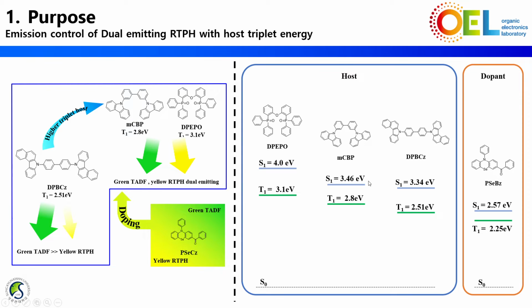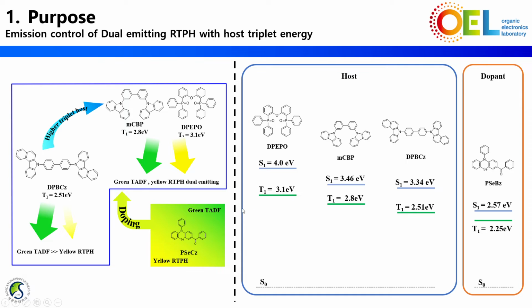With this property, the dual emission component of the emitter can be controlled by managing back energy transfer and host triplet energy. In the high triplet host, the RTPH component would be highly retained, and in the opposite case, the RTPH component would be quenched and the TADF component ratio would increase.